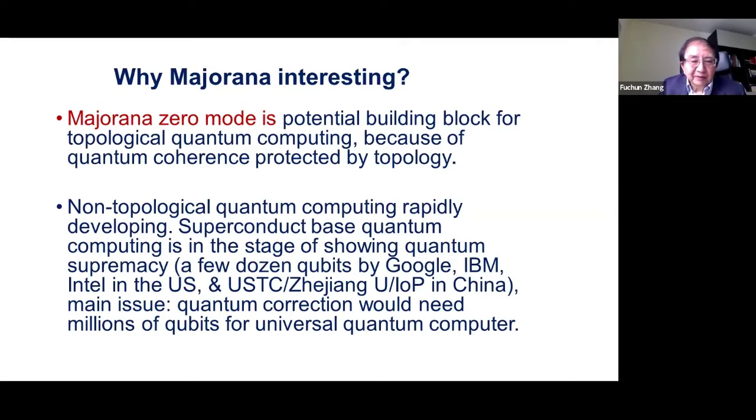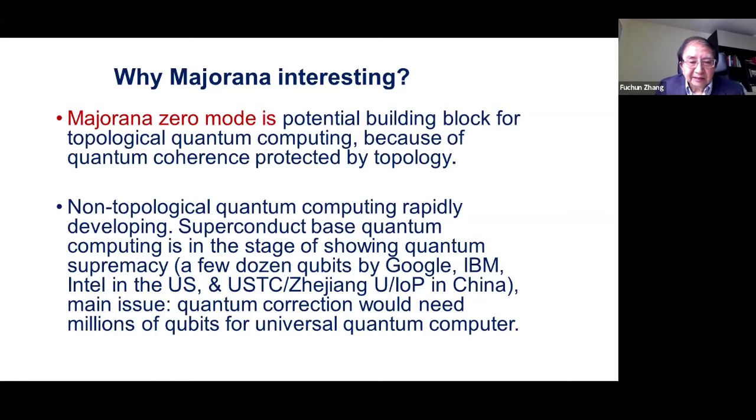It has been in the stage of showing quantum supremacy. That means they have a few dozen qubits, by Google, who is the leader, and also by IBM and Intel in the US, and probably other institutes, and also in China, including USTC and Zhejiang University, where I was, and the Institute of Physics in China.